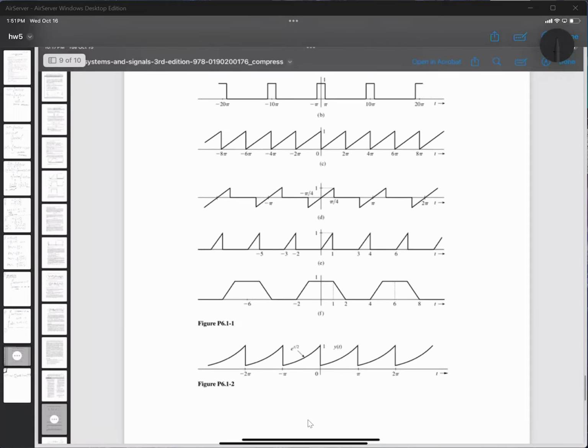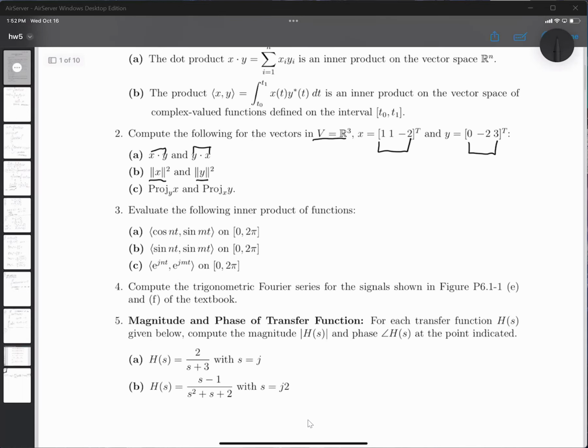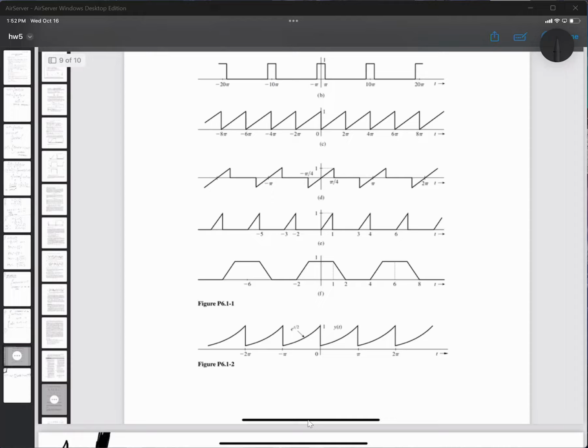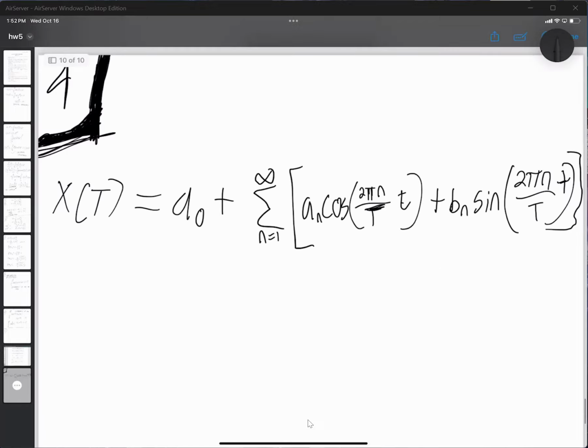This being the figure, we need to do E and F. Before I go further, we can see that all these functions are periodic, and to compute periodic functions, we use this formula. I didn't draw it that great, but hopefully you can read it.